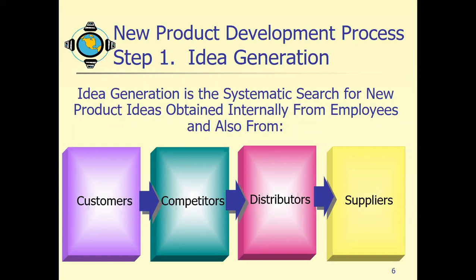So you can get ideas from suppliers. As they are supplying the raw materials, they can give you ideas about what you can produce with them. So you can get ideas from internal sources, from your employees in different divisions forming a cross-functional team, and externally from these mentioned sources.